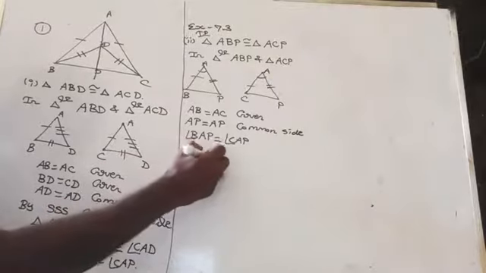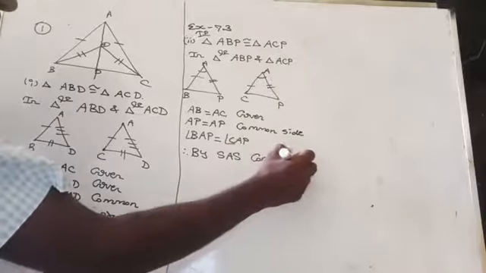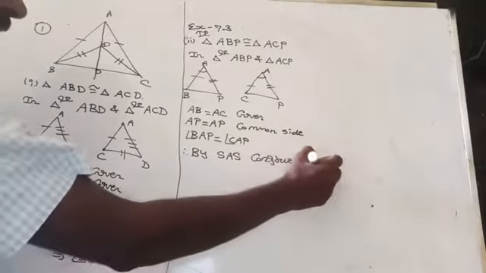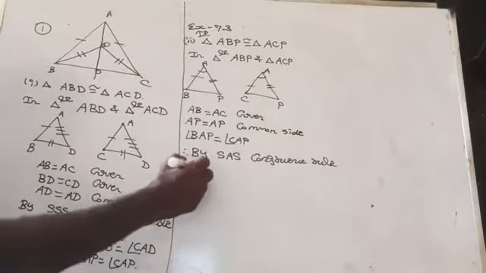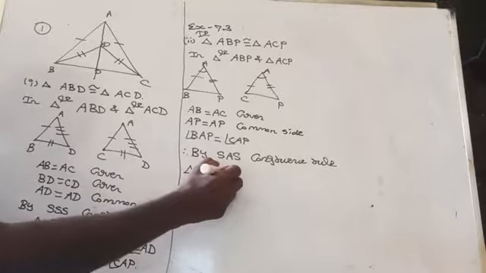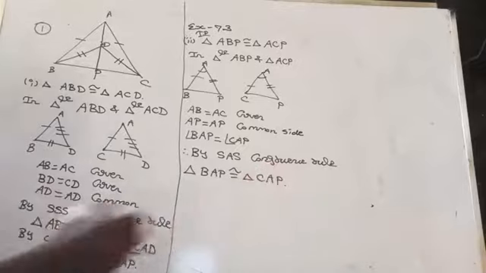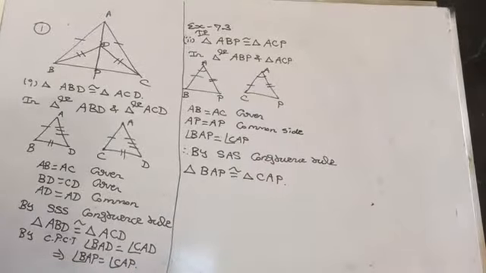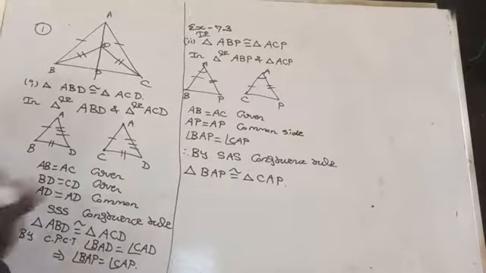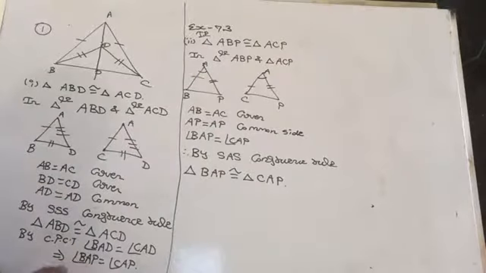So now what can we conclude? Therefore, by the SAS congruence rule, triangle BAP is congruent to triangle CAP. We have to prove that triangle ABP is congruent to triangle ACP.